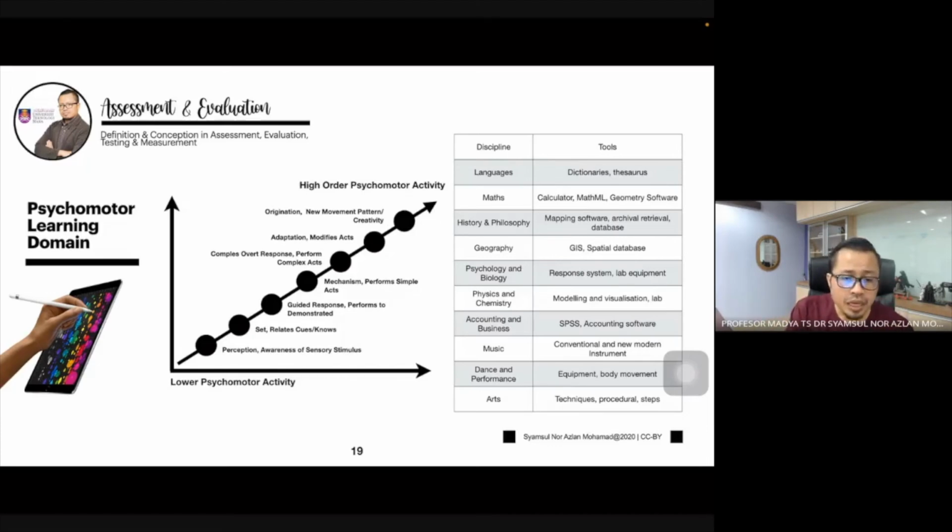So there are seven levels here: perception, set, guided response, mechanism, complex overt response, adaptation, and origination. Let me give you one example: playing football. Before we can play football, we need to be really aware of our sensory stimulus, meaning whether you can kick the ball or not.